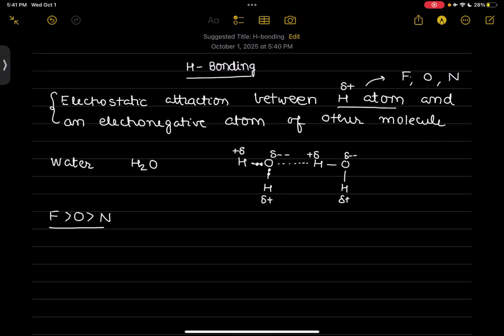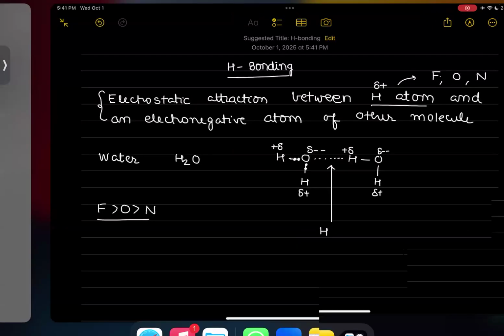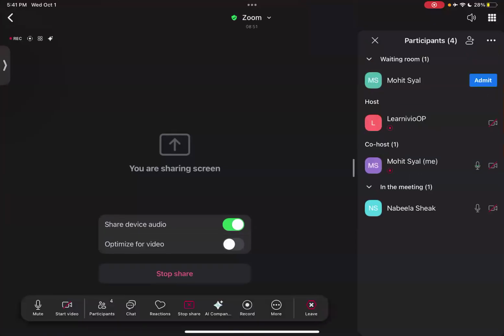So now this positive and negative will start attracting each other. And this is called hydrogen bond. Is it clear? This dotted line is the example of hydrogen bond. Is it clear or not?